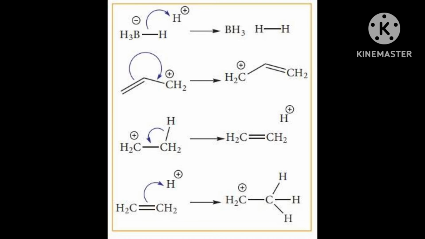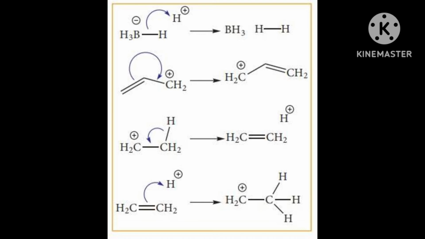Suppose this ethyl bromide was there, then a carbon and bromine bond was there. Suppose that bond is breaking, then that electron pair will be taken by bromine.